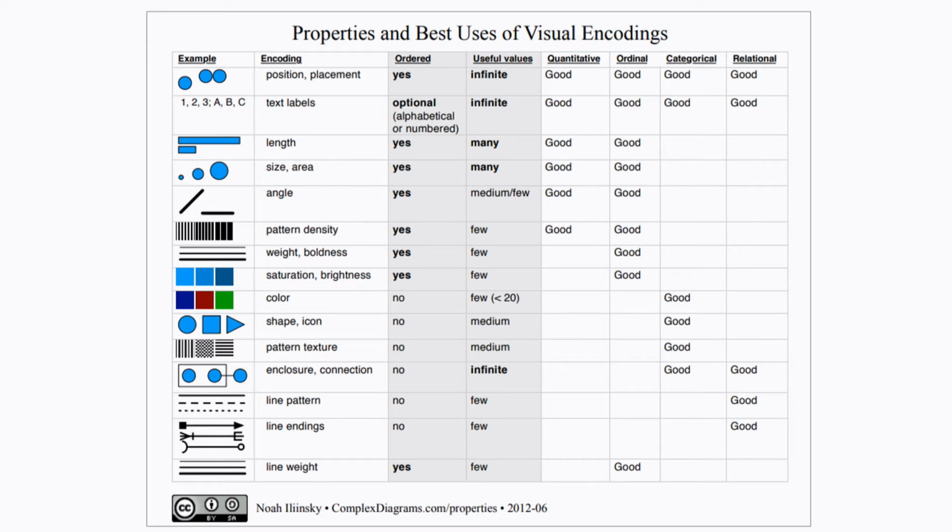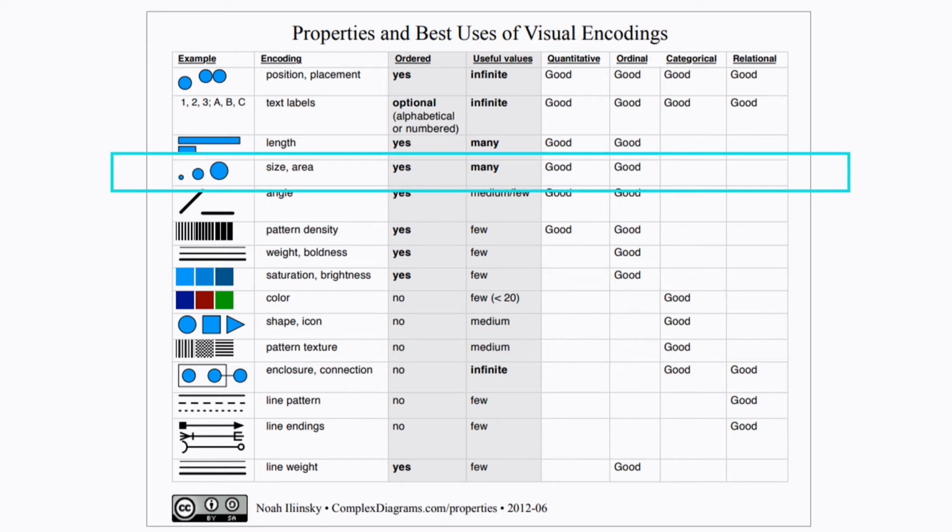Noah Iliinsky, who was a thought leader in the data visualization space, put together this great table detailing best practices for using visual encodings. So for example, size is a great way to represent quantitative and ordinal data, but not appropriate for categorical data.